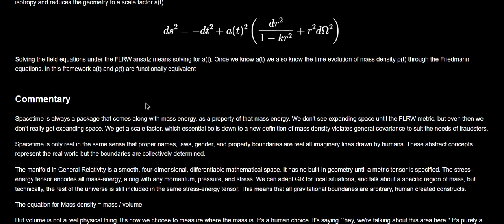And this definition of mass density violates general covariance, which is the main core of general relativity. General covariance is just this idea that all physical laws are the same in all frames of reference. No matter what coordinates you choose, you have to use the same equations. And the reason that we have all of this amazing stuff in the universe is because of general covariance.